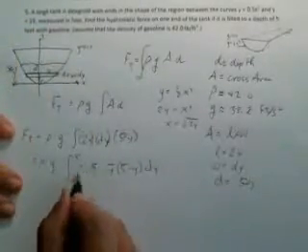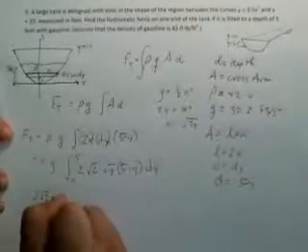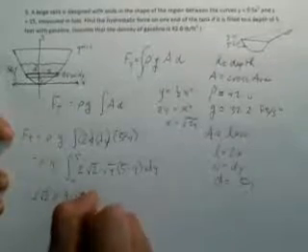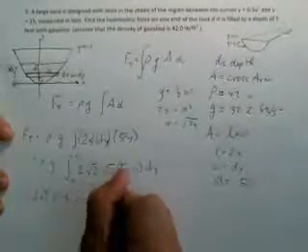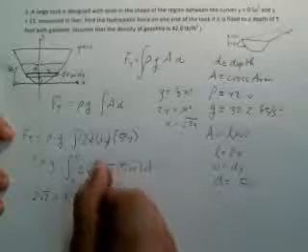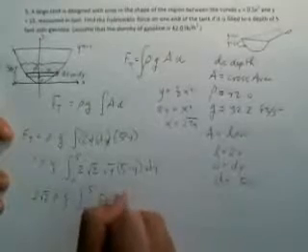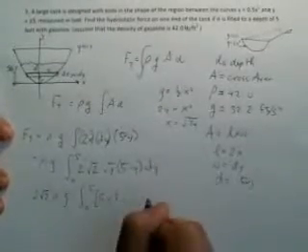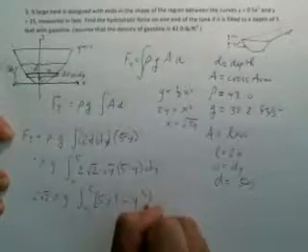I'm going to factor out 2 root 2 over here. That becomes 2 radical 2 rho times g times the integral from 0 to 5 of, I'm going to distribute the square root of y with 5 and change into exponential form, 5y to the 1/2 minus y to the 3/2 dy.